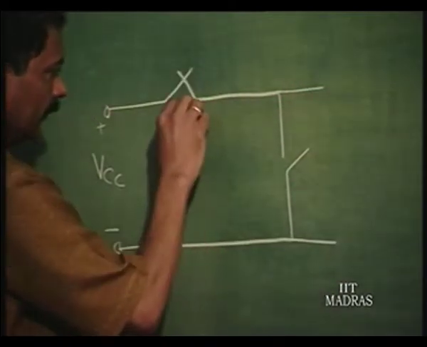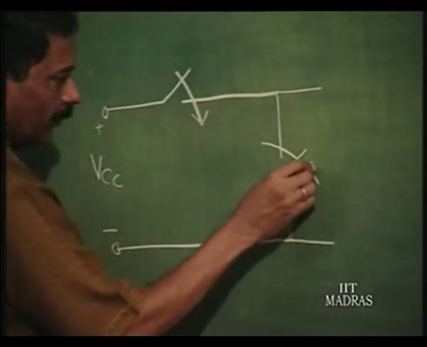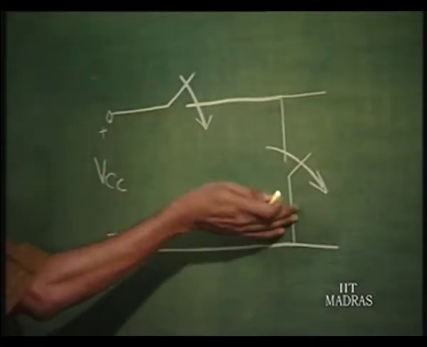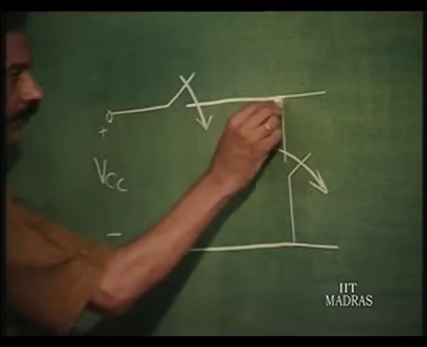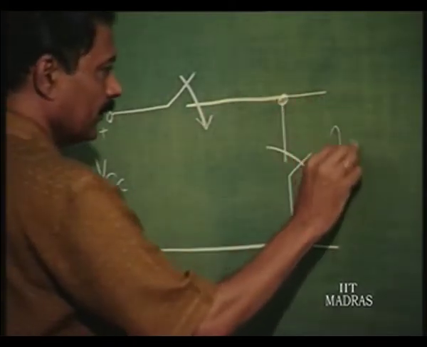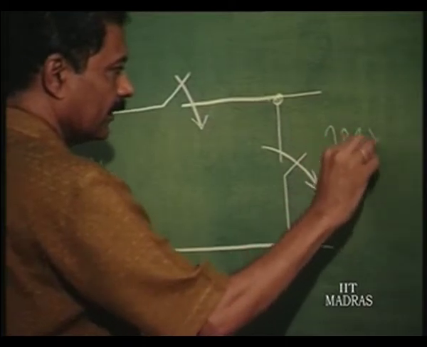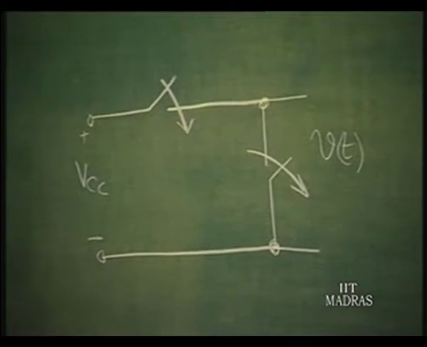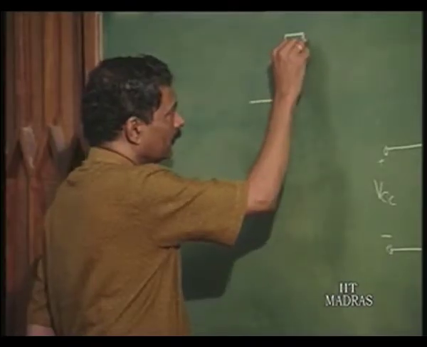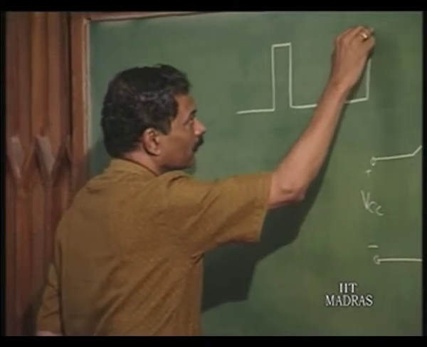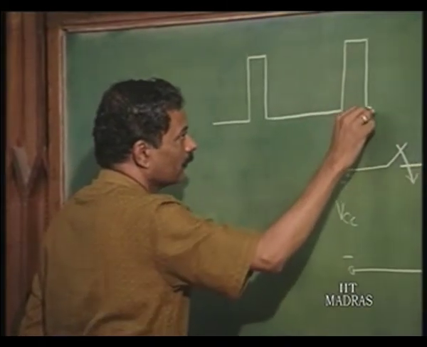When this is closed, this is open. These are complementary switches. When this is closed, this is open. When this is open, this is closed. The waveform here, V, as a function of time, is going to look like so.